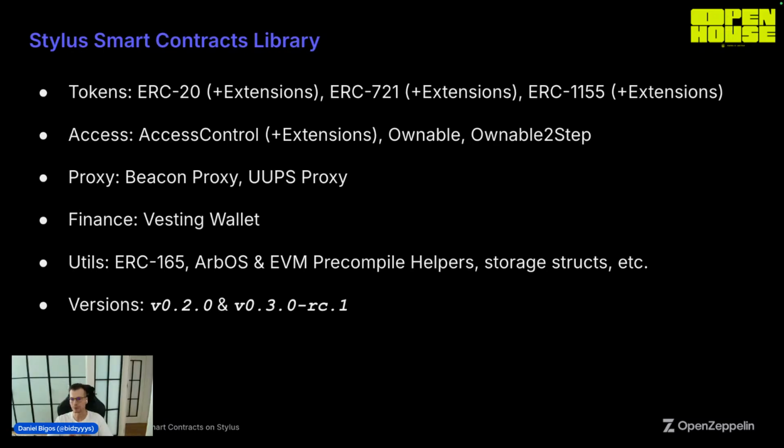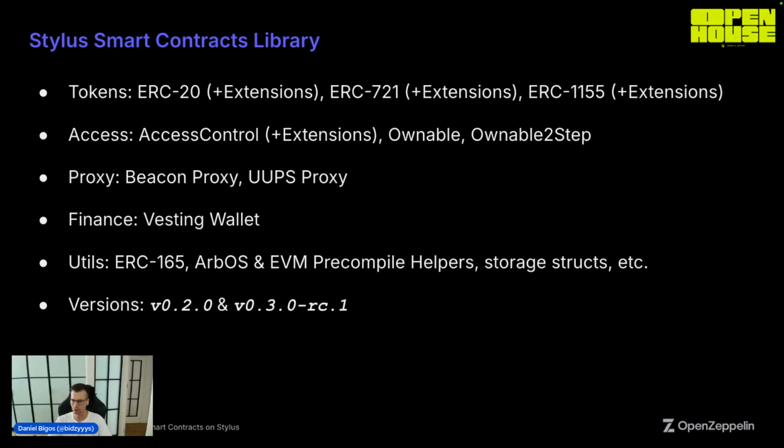We also have some smart contracts for finance, like vesting wallet. We also provide a lot of utilities like ERC165 for contract introspection. We also provide a bunch of helpers to interact with both ArbOS and EVM precompiles. We also provide a bunch of storage structs, helpers, and stuff like that.